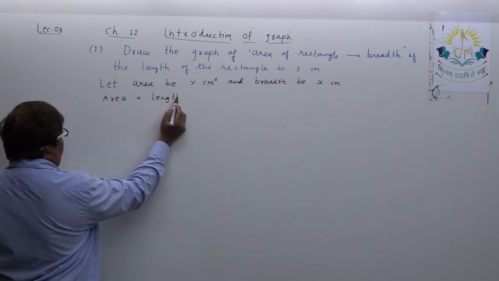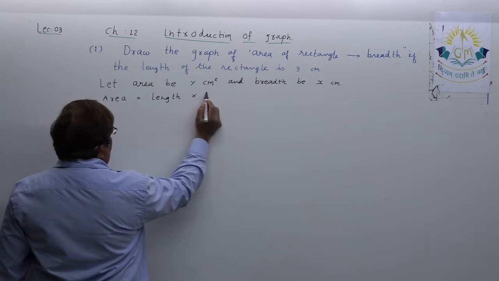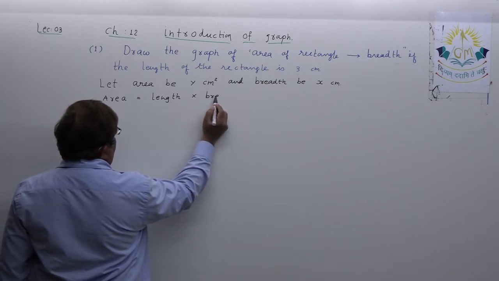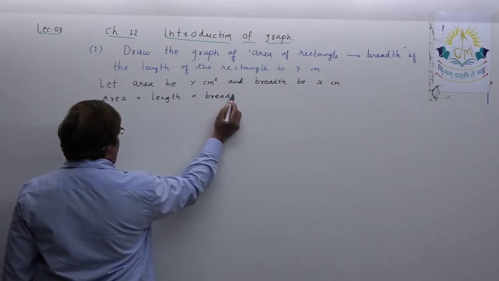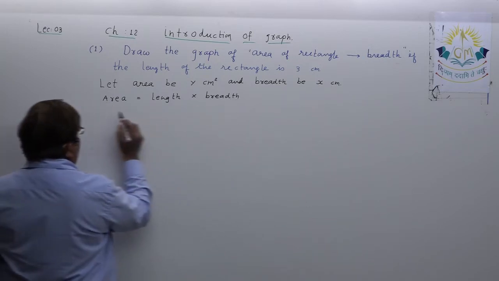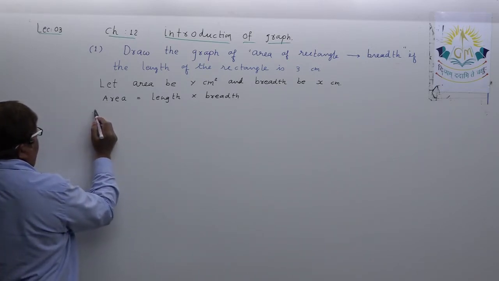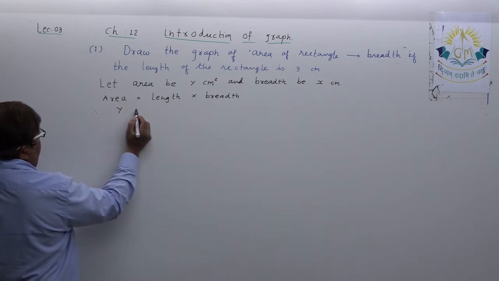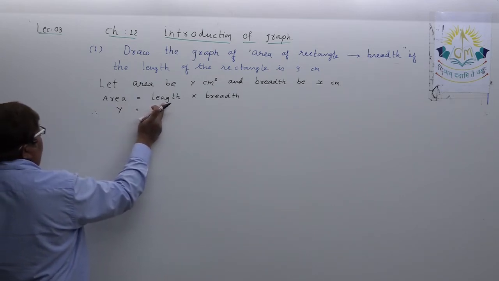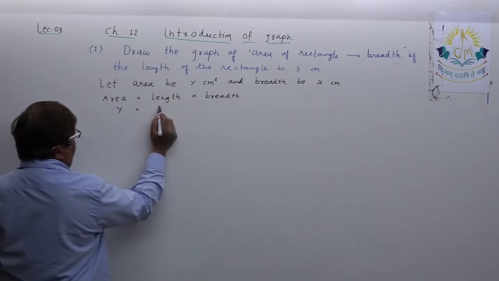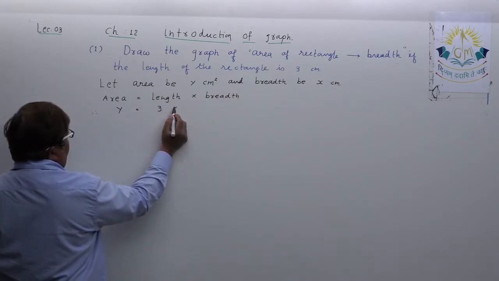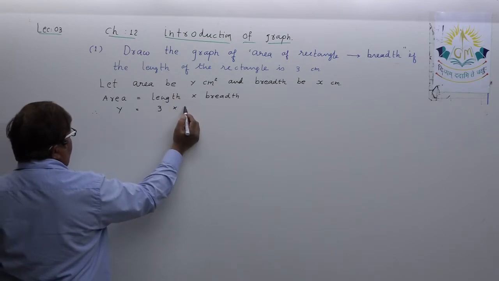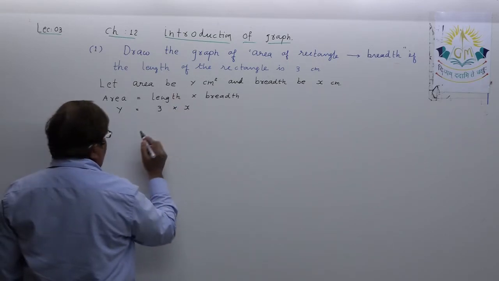Area equal to length multiplied by breadth. Okay. What is the symbol for area? y. What is the length given? 3, into what is the breadth supposed? x.